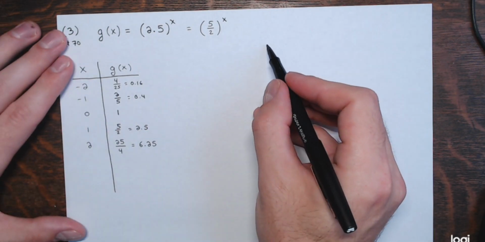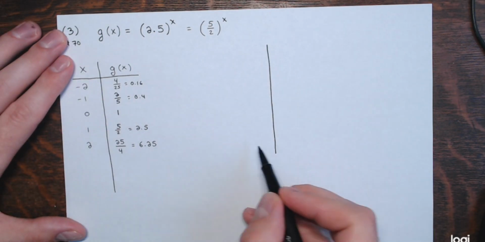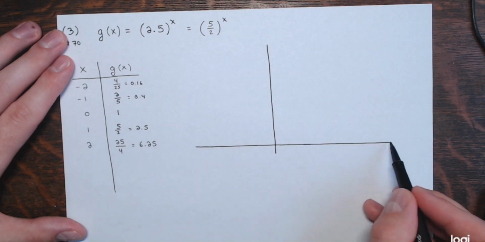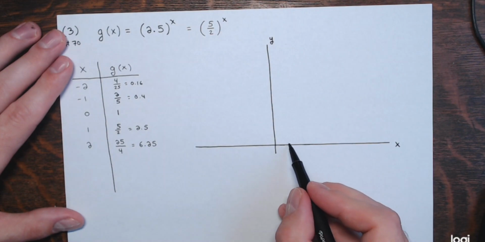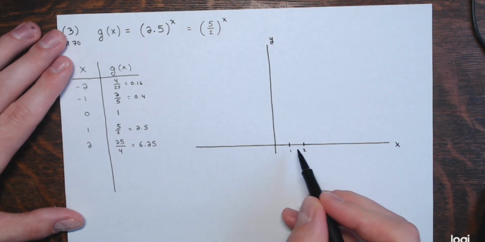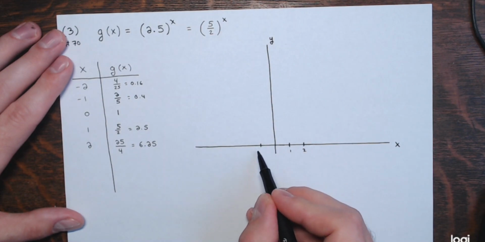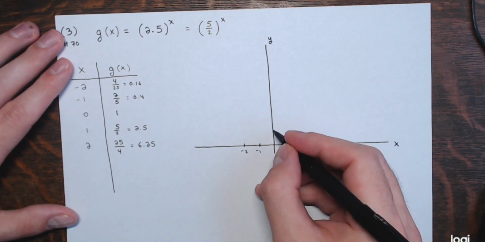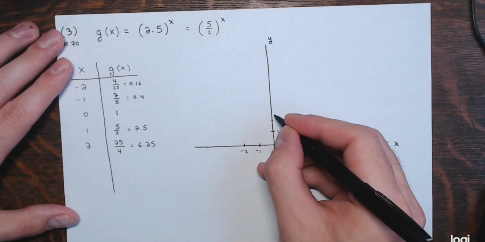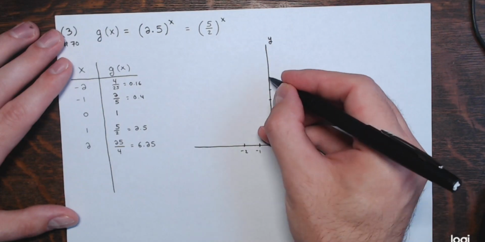All right, and then I'll make a graph by hand over here. So we input 1, 2, and 0, and -1 and -2. And I'm just going to go 1, 2, 3, 4, 5, 6, 7.